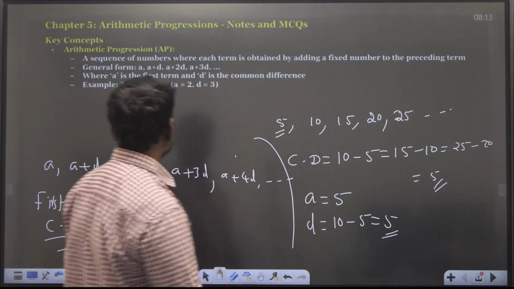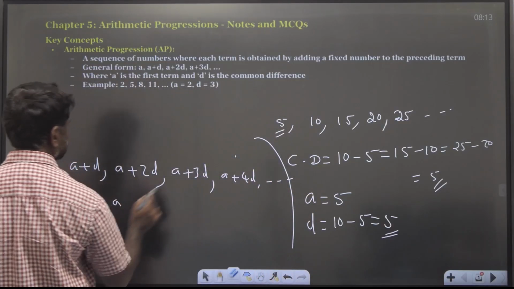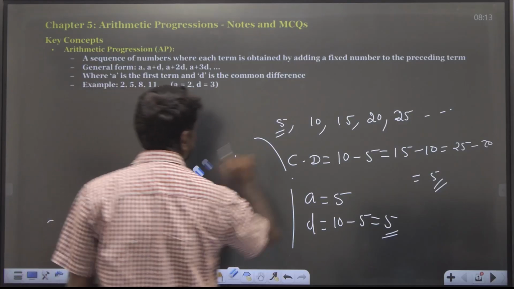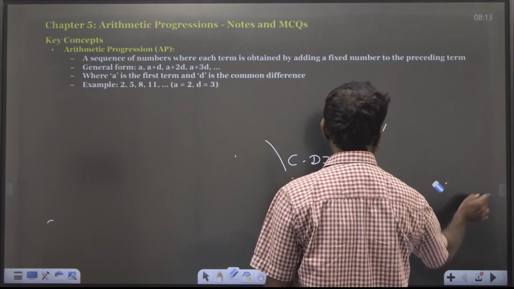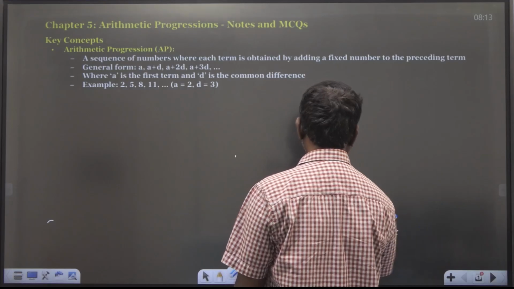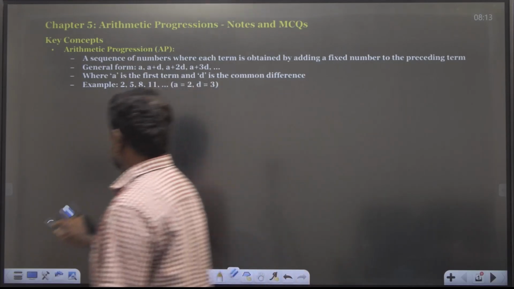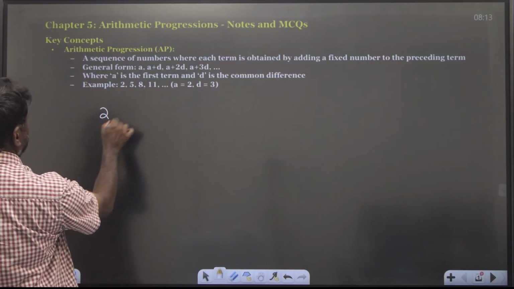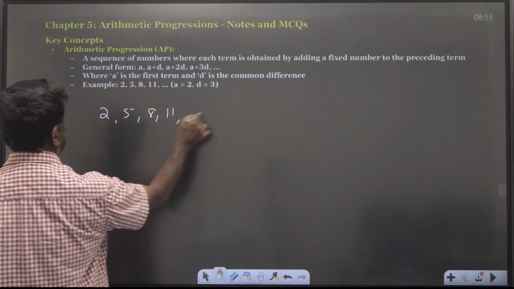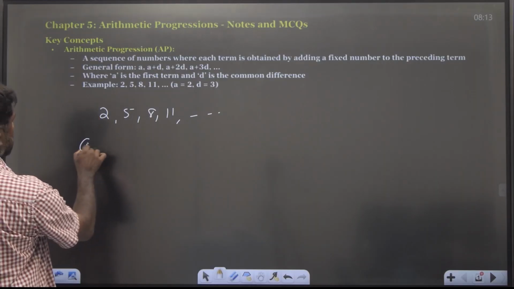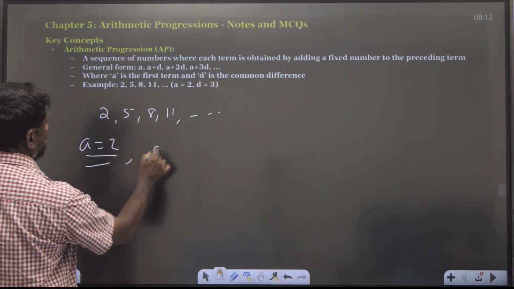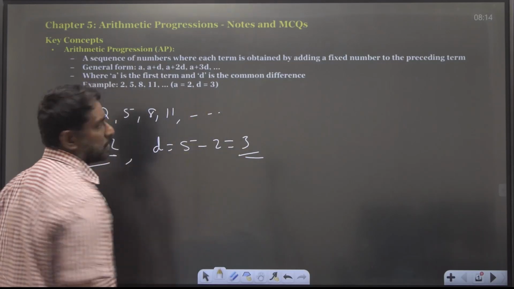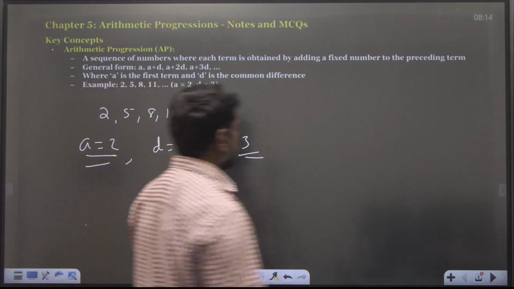Another example: look here, 2, 5, 8, 11, etc. What is the first term? a is equal to 2. What is the common difference d? 5 minus 2, that is 3.